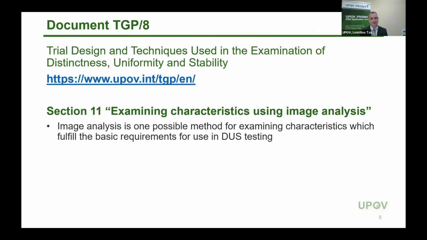In this regard, document TGP-8, which is our document on trial design and techniques used in the examination of DUS, which is also available on our website, you have there the web link, brings in section 11, guidance on examining characteristics using image analysis.